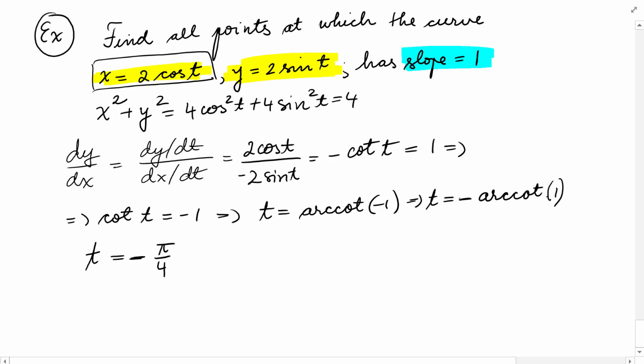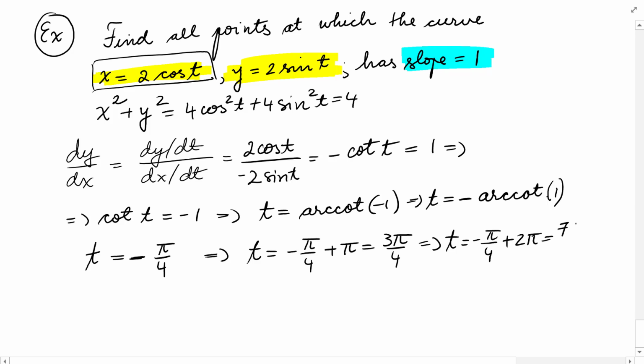But cotangent is also a periodic function with period pi. So that means another value for t is negative pi over 4 plus pi, which is 3 pi over 4. And another one is negative pi over 4 plus 2 pi, which is 7 pi over 4.